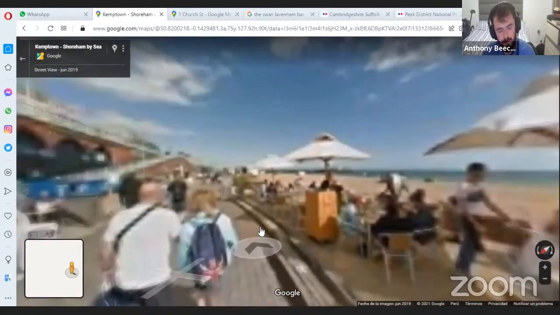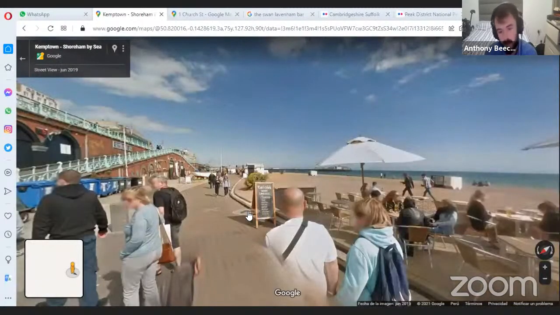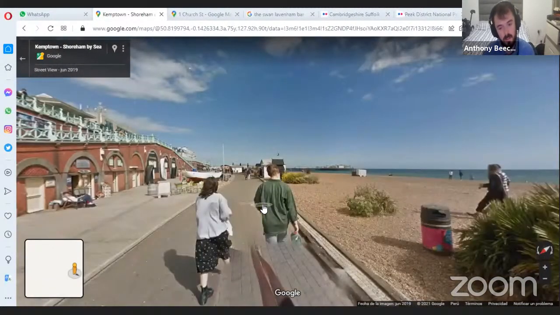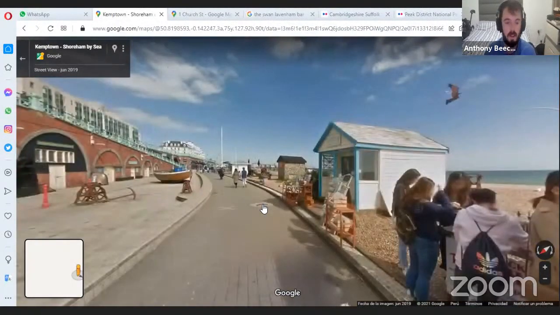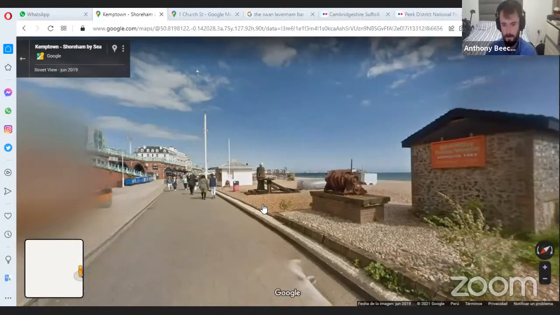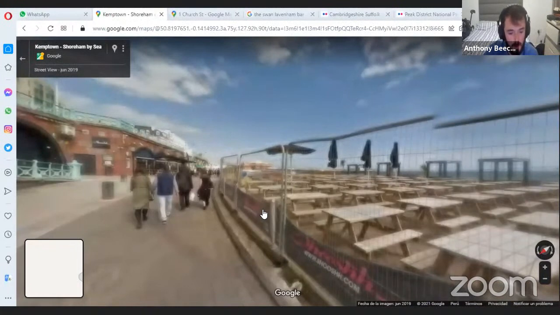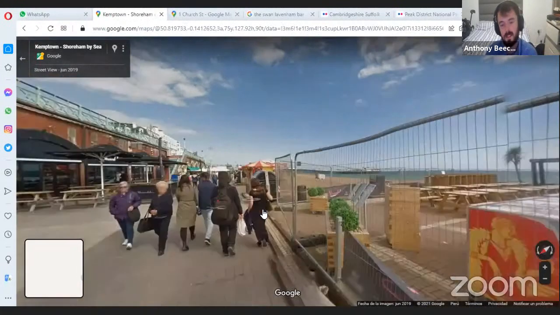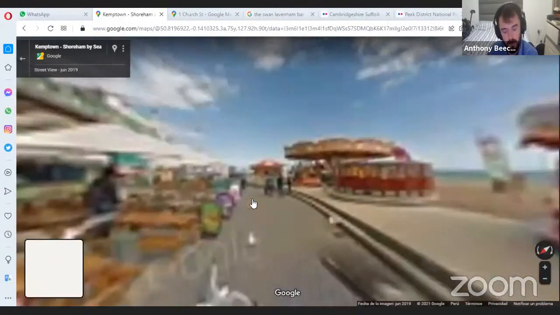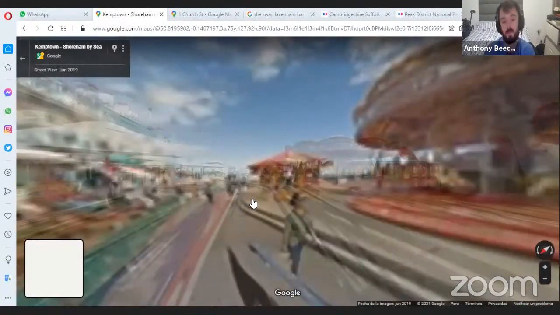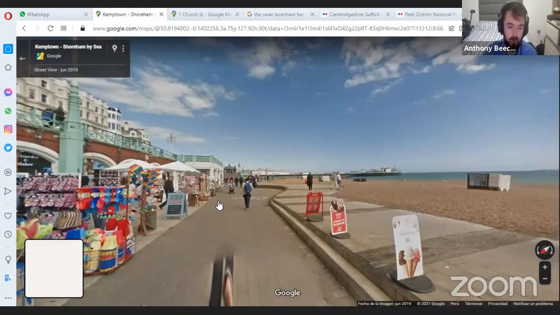Y Brighton es un balneario en la costa sur de Inglaterra y es muy popular entre los jóvenes y en realidad es tan caro como vivir en Londres. Y por supuesto que también está la playa.